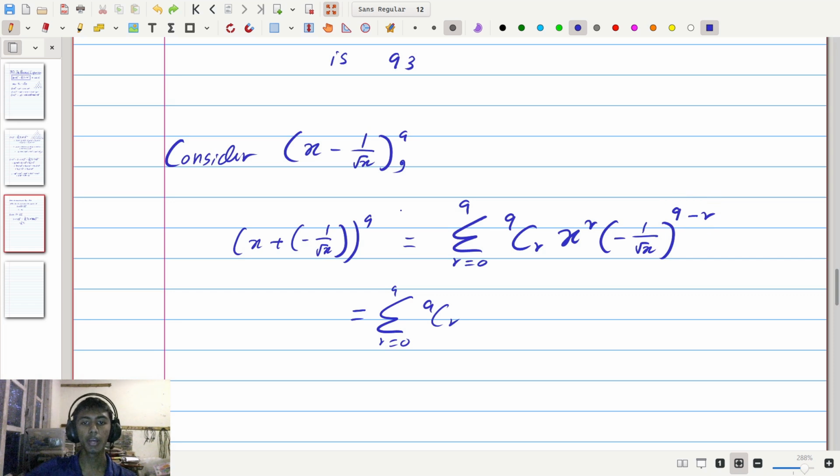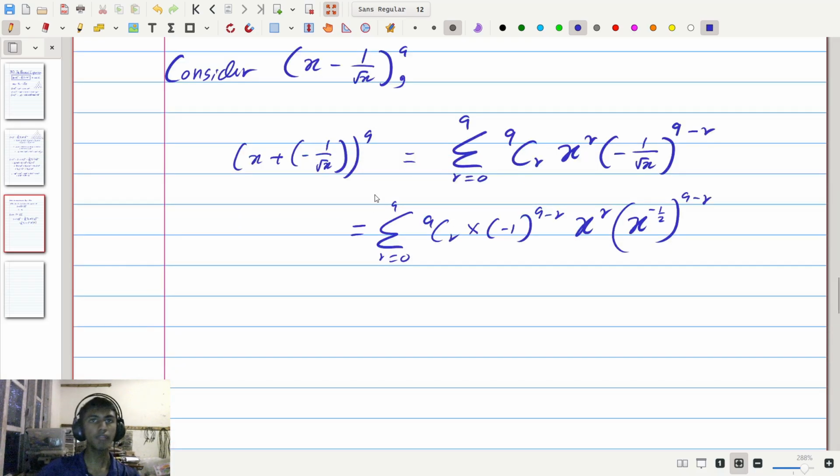So we write minus 1 to the power of 9 minus r on the front, and then what we're left with is an x to the power of r and this bit here, and we know that 1 divided by the square root of x is just x to the power of negative half, so we have x to the power of negative half raised to the power of 9 minus r. Now when we have something like this, we know from index rules that this is going to simplify into x to the power of negative half times 9 minus r.